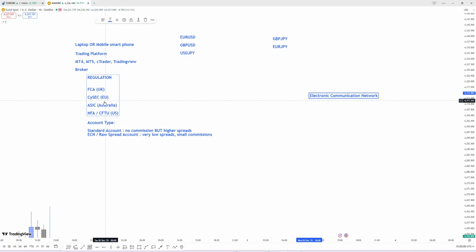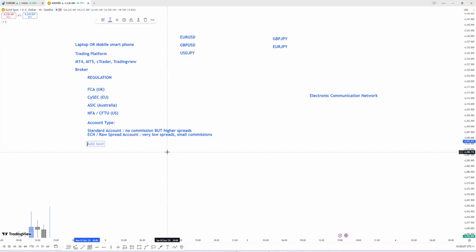So what are the other things you need to consider before choosing your brokerage firm? Minimum deposit. Some brokerage firms require you to start as low as $10, 10 United States dollars. Others require you to deposit $100 and above. So it all depends on your pocket.